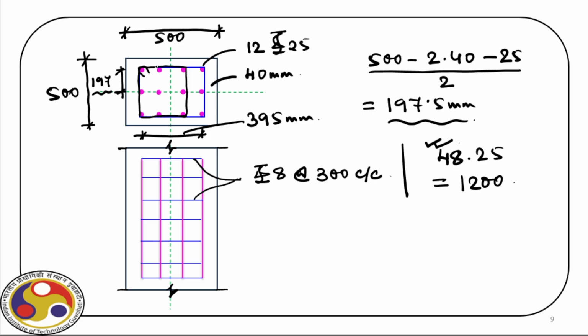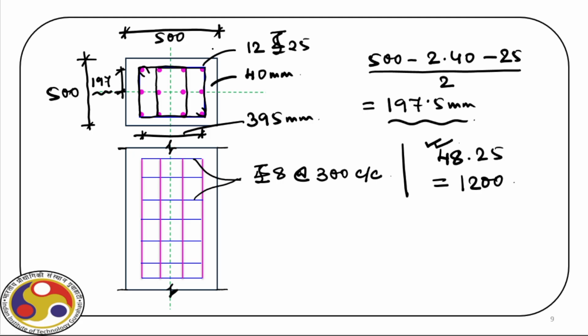Then we'll provide another lateral tie, which will go like this, and then we'll anchor it here. So that completes the design process, and then we get sufficient capacity to withstand the applied load.